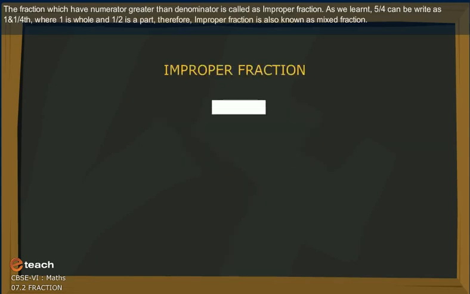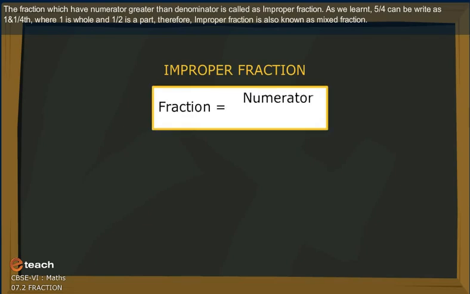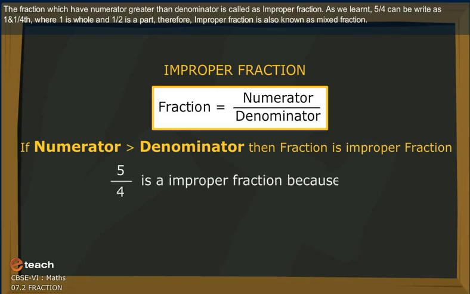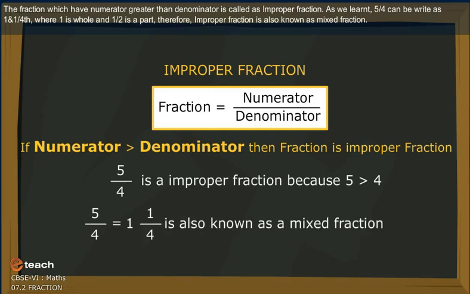The fraction which has numerator greater than the denominator is called an improper fraction. As we learned, 5 by 4 can be written as 1 and 1 by 4, where 1 is whole and 1/4 is a part. Therefore, improper fraction is also known as a mixed fraction.